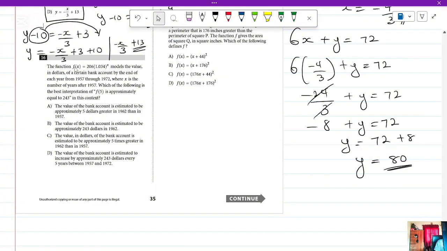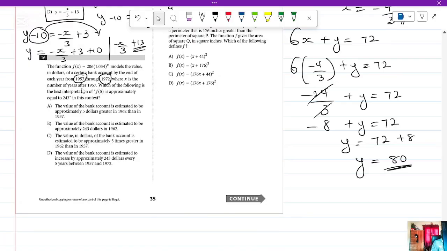Now they said the function f of x is equal to 206 multiplied by 1.034 to the exponent x models the value in dollars of a certain bank account by the end of each year from 1957 through 1972, where x is the number of years after 1957.